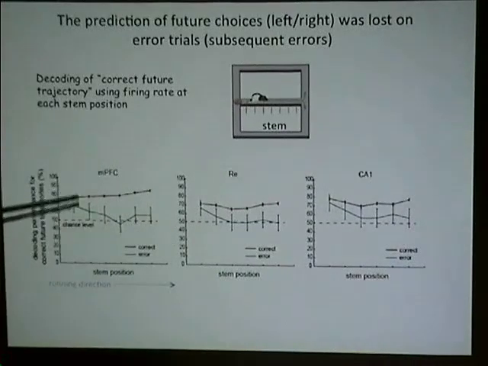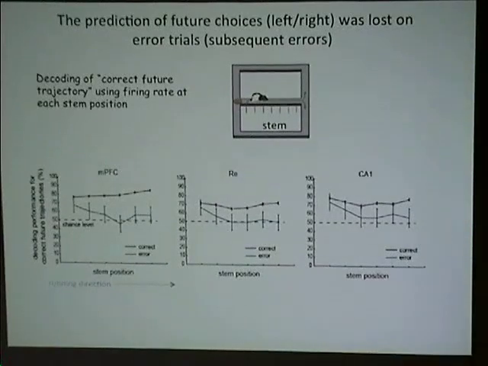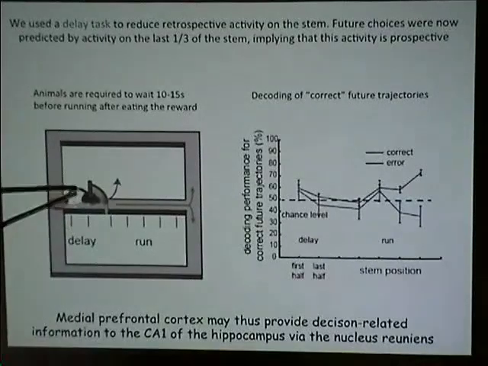Except maybe for the very beginning, but that could actually be a reflection of what the rat did on the previous trial. So what he then finally did was to introduce a delay here.